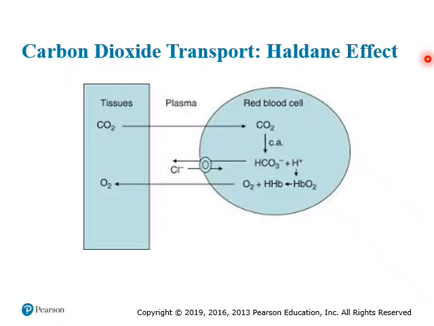It will have to lose the carbon dioxide and take in the oxygen. It will increase its affinity for oxygen. In the tissues, it will decrease its affinity for oxygen so it can easily unload the oxygen to the tissues. It increases its affinity for carbon dioxide so it can pick up the carbon dioxide in the tissues.